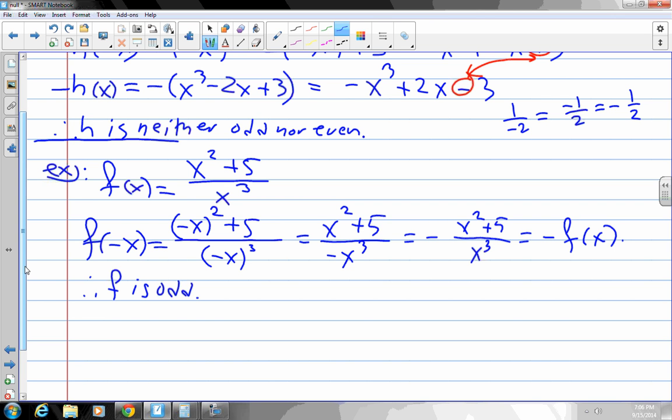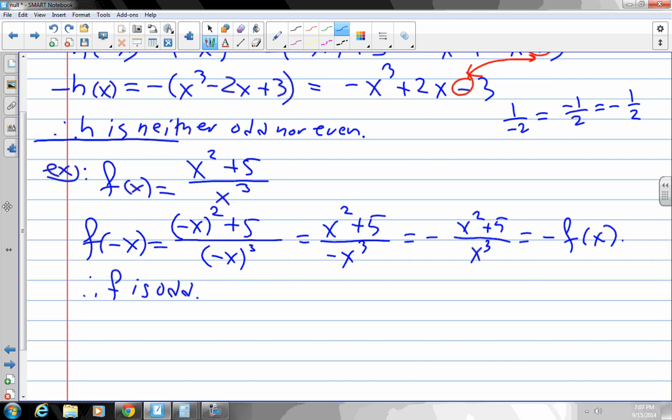Actually, this is an interesting case because if you just focus on the numerator, it is an even function. Think about this. If you put negative x, negative x squared kills the negative, so it's x squared plus 5. Numerator is an even function, right? And you saw that.